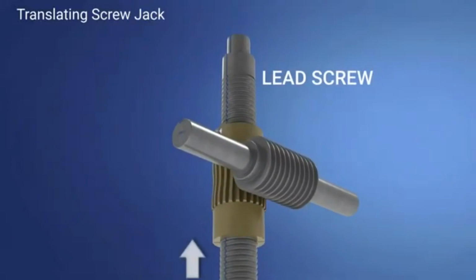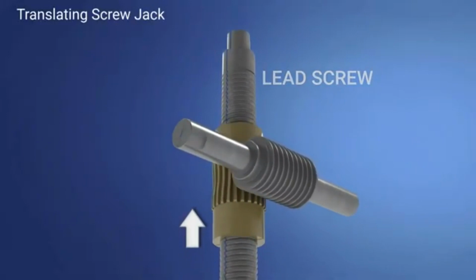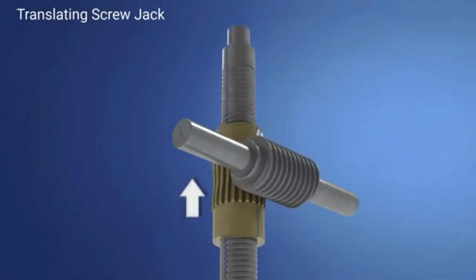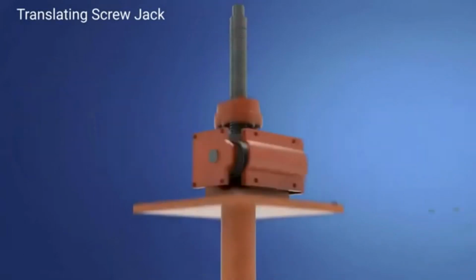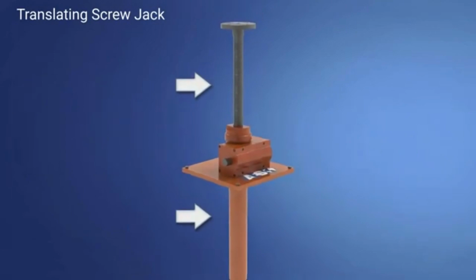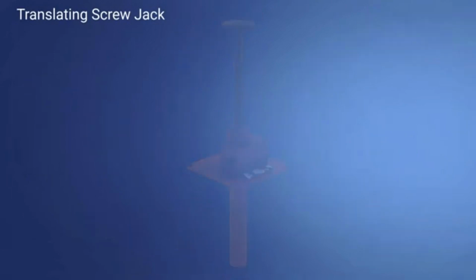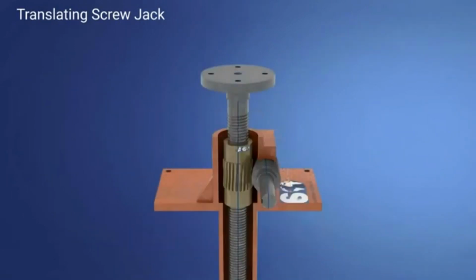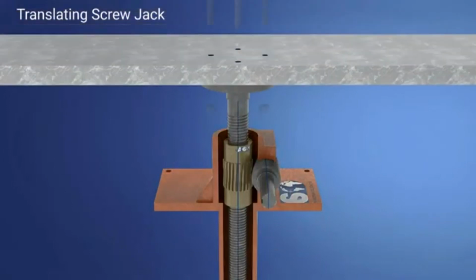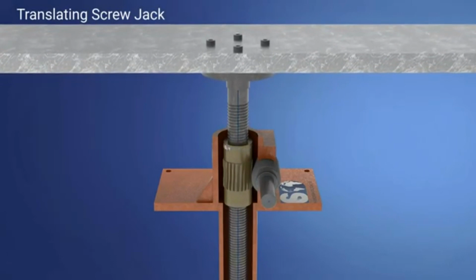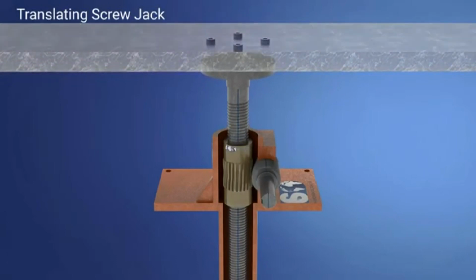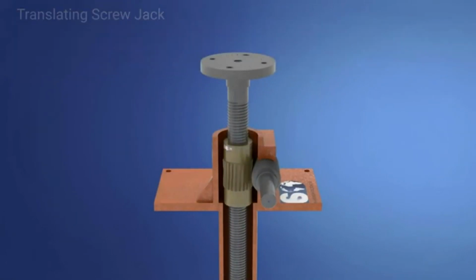The lead screw translates through the body of the screw jack. For this reason, it is necessary to have free space on both sides of the jack. The end of the lead screw is fixed to the structure that needs to be moved linearly. In this way, the lead screw is prevented from rotating with the worm gear.